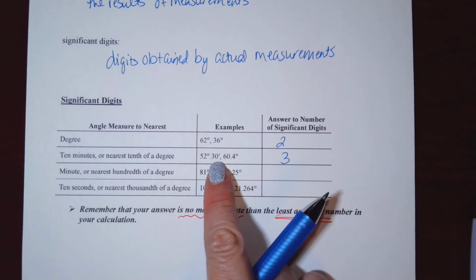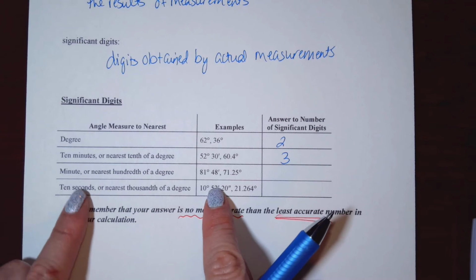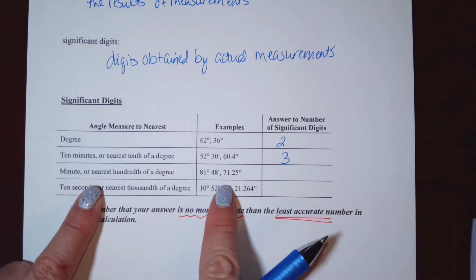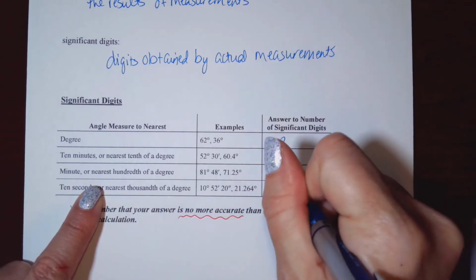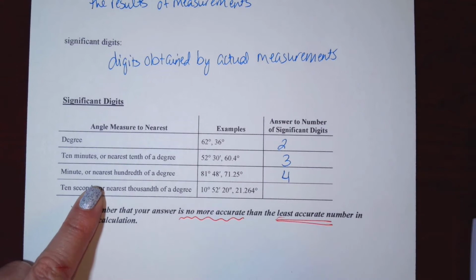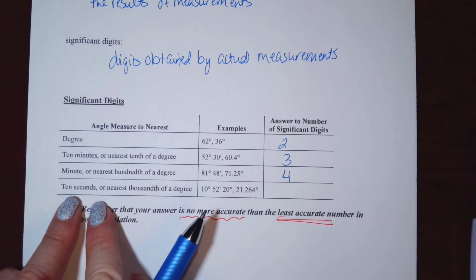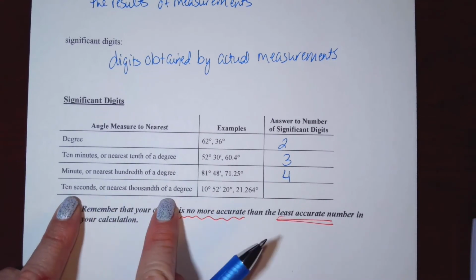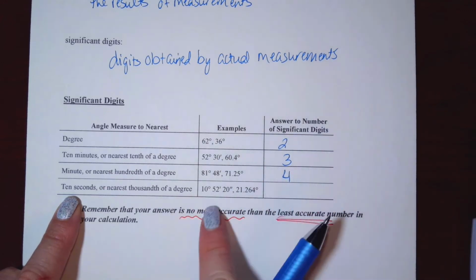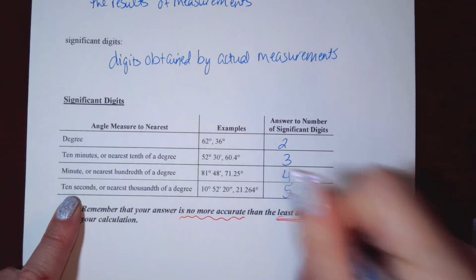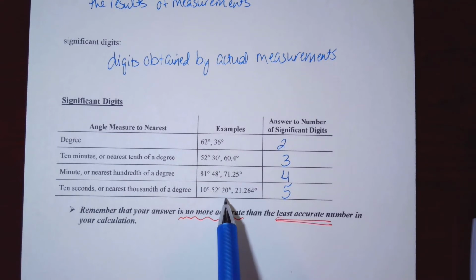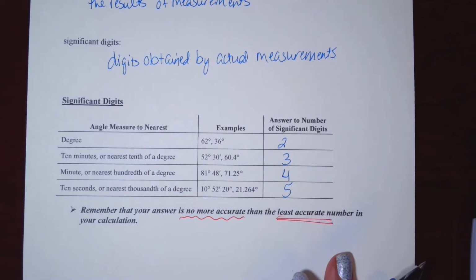We assume that I've rounded that off to the nearest 10 minutes. To the nearest minute or the nearest hundredth of a degree, both of these answers have 4 significant digits. If I go to the nearest 10 seconds or the nearest thousandth of a degree, both of these measures have 5 significant digits. Again, notice that we're not counting that trailing 0, we're assuming we have rounded off.